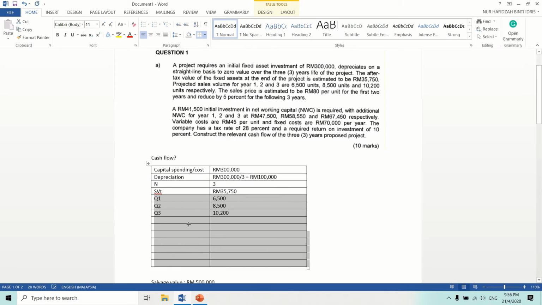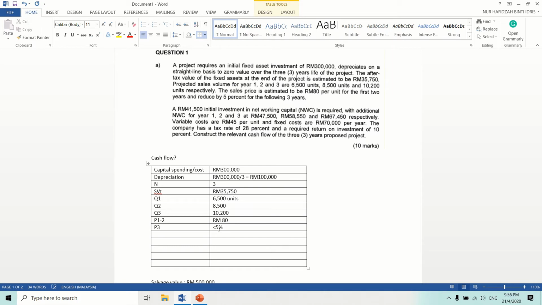So the price in year 1 up to year 2 will be RM 80. This is the unit value. For the price in year 3, it is mentioned that the price will be reduced by 5%.